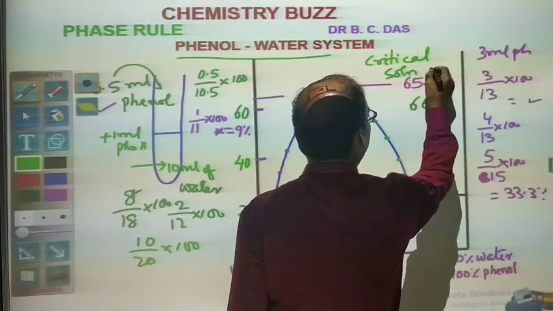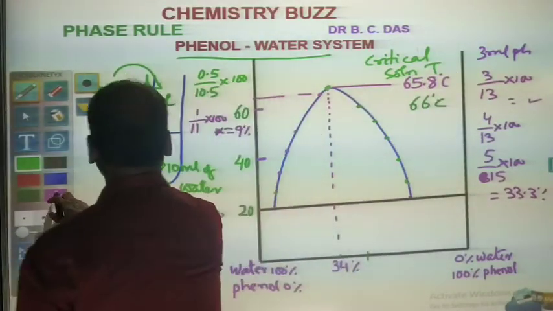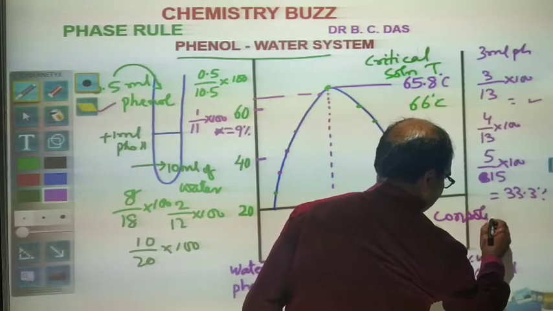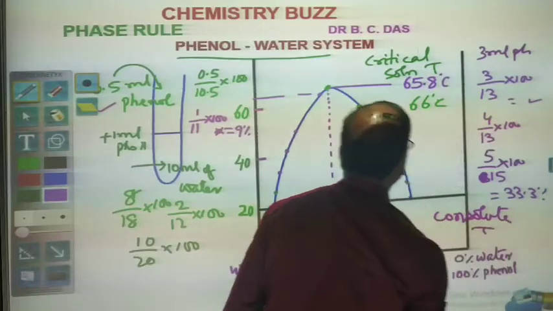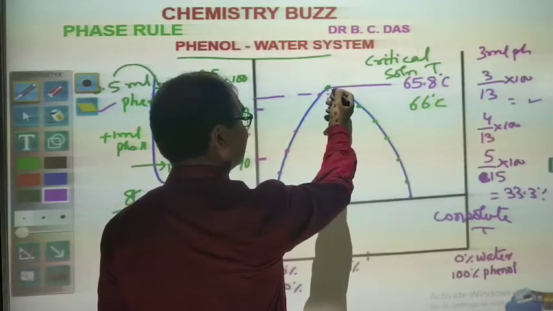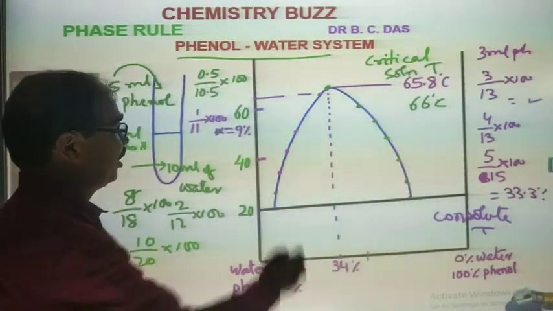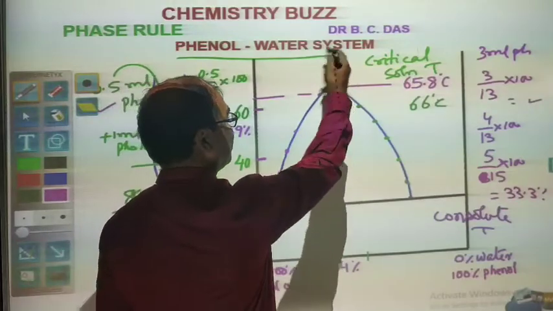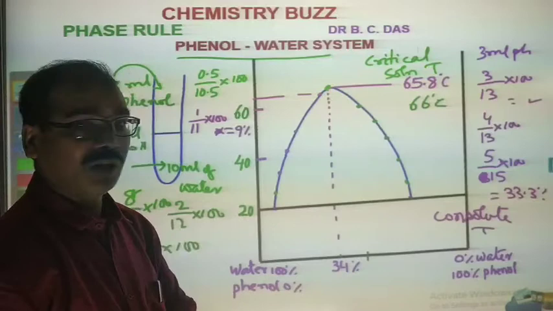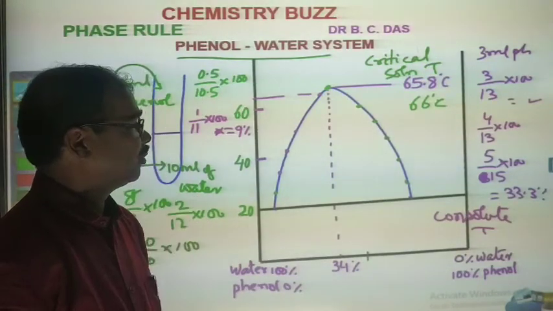This is the upper temperature. Above this temperature, the phenol and water will be miscible in all proportions.